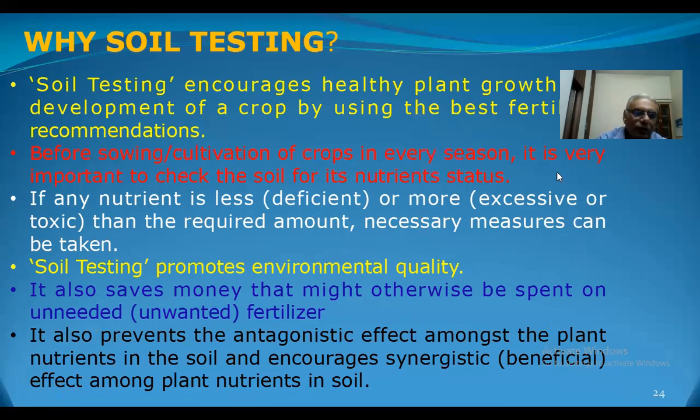But suppose the phosphorus is sufficient or high, then there is no need to add phosphatic fertilizer. You have to apply the minimum. If any nutrient is deficient, or excessive or toxic compared to the required amount, necessary measures can be taken.